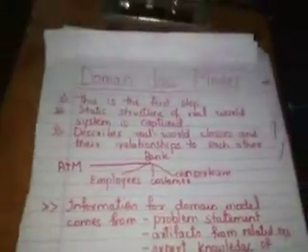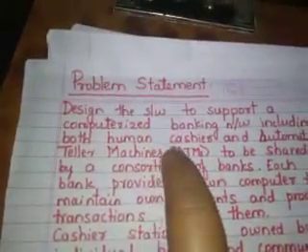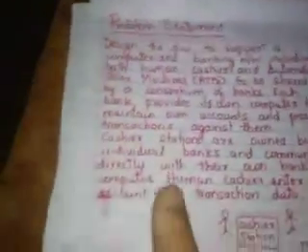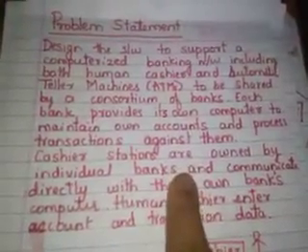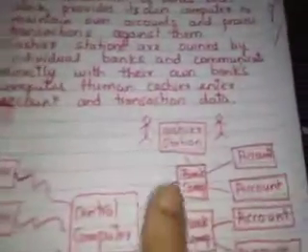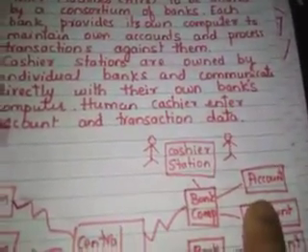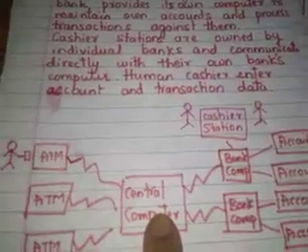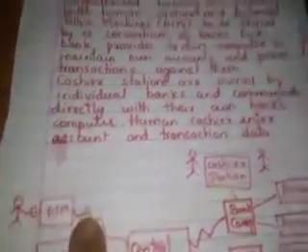Here in this problem statement, I come to know that it should support both the human cashier as well as the ATM machine, and somewhere it is shown that the cashiers are owned by the individual banks. I come to know that banks will have cashier stations and they will consist of some accounts. All the banks come under a central computer, and these central computers are connected to ATMs.